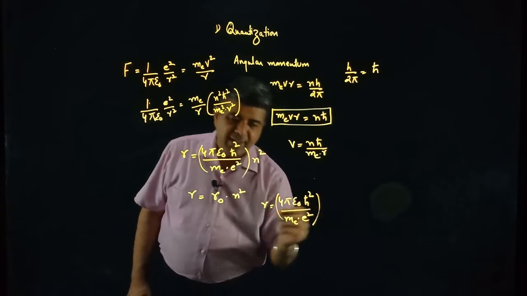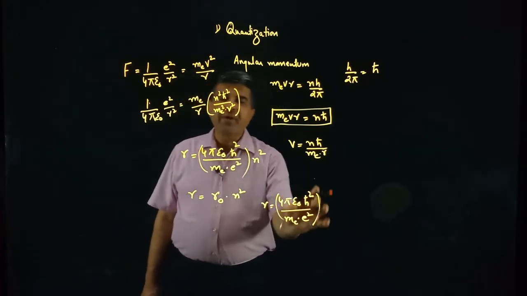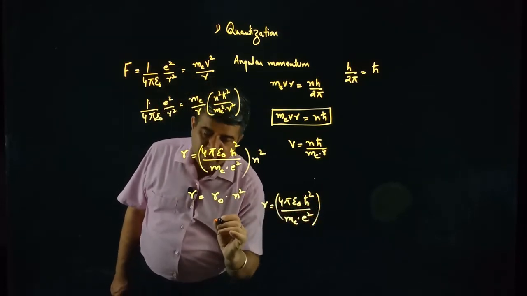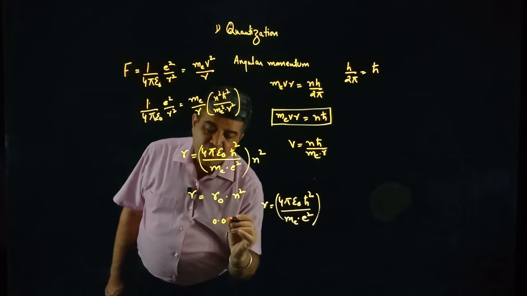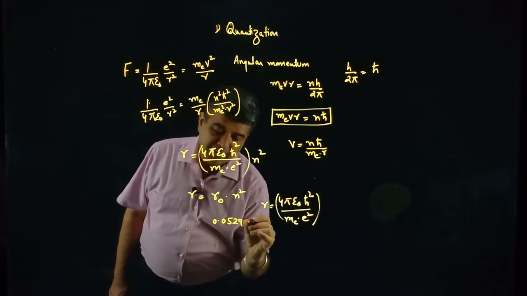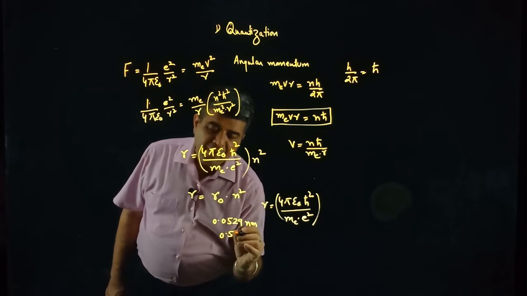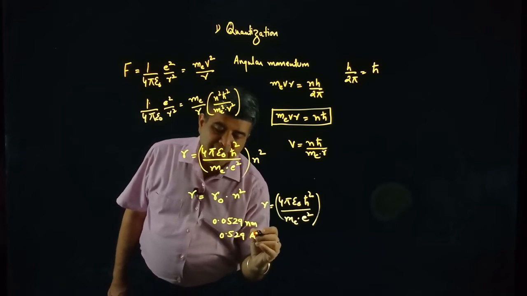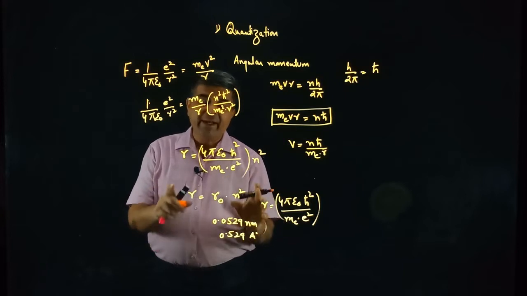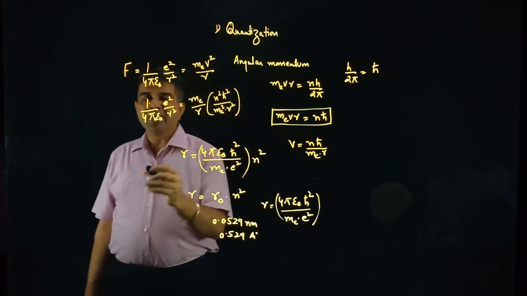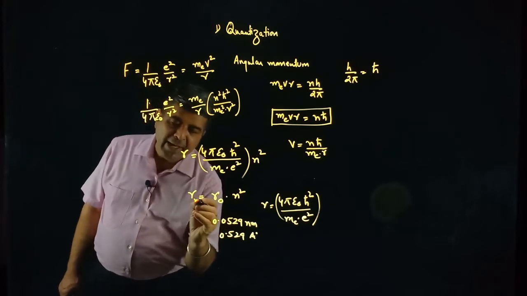If we substitute the values in this equation, it comes out to be 0.0529 nanometers, or 0.529 angstroms. So now we can calculate the radius of the orbit, and this is known as Bohr's radius for nth orbit.